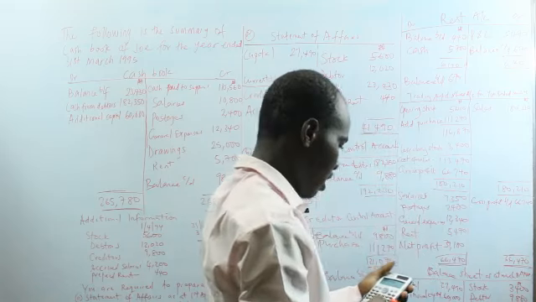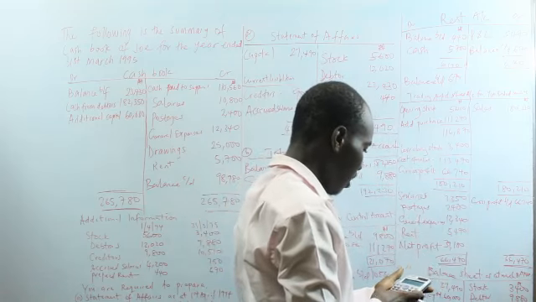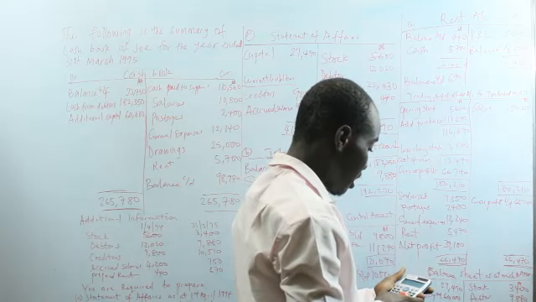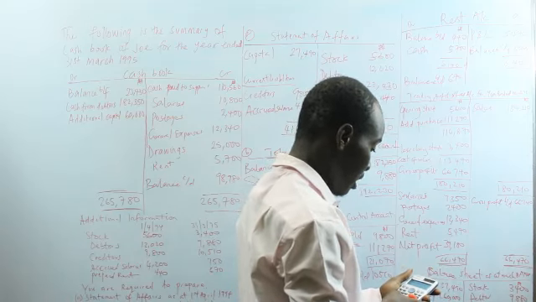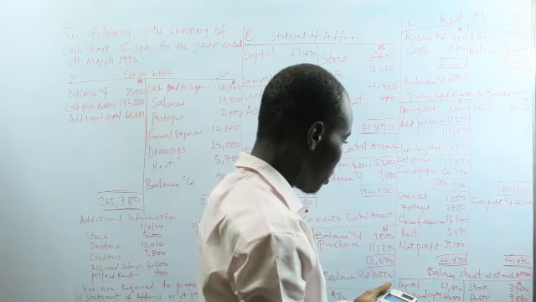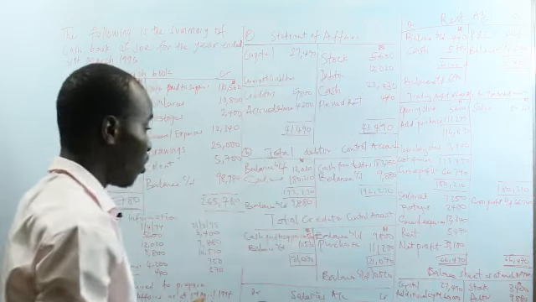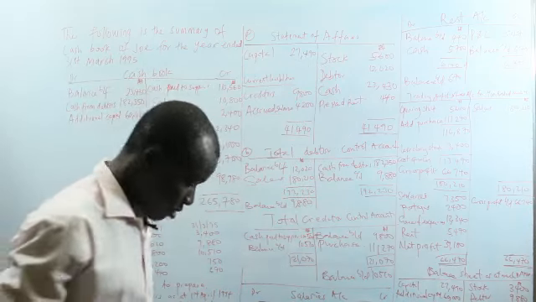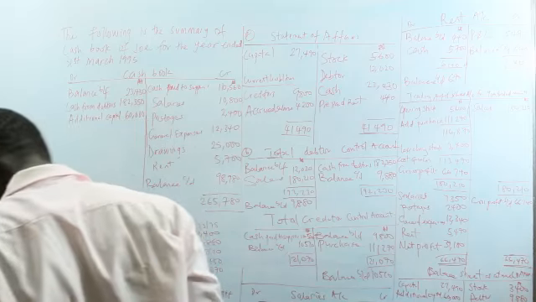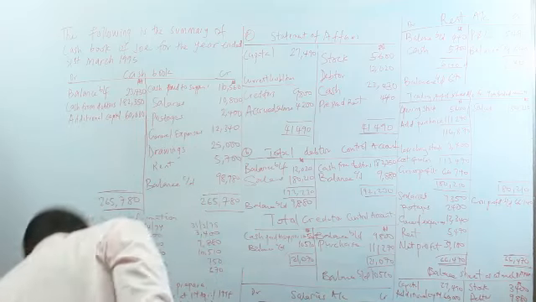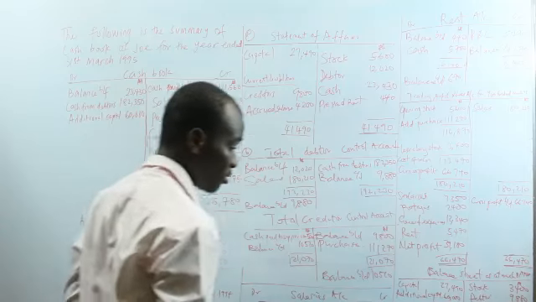So let's add total assets: 3,400 plus 9,880 plus 98,000. So we have cash. An error: there's no net profit. We forgot to add the net profit within the period.